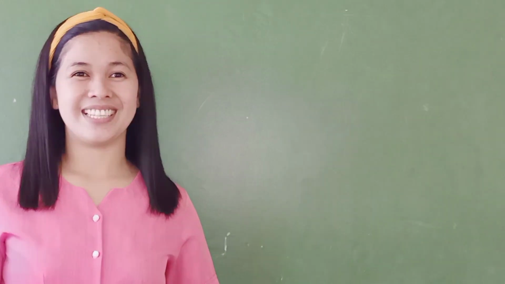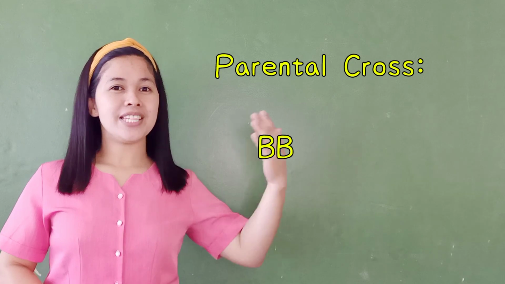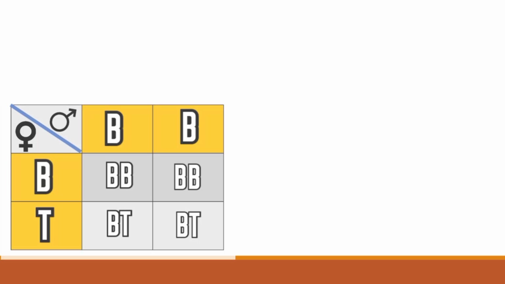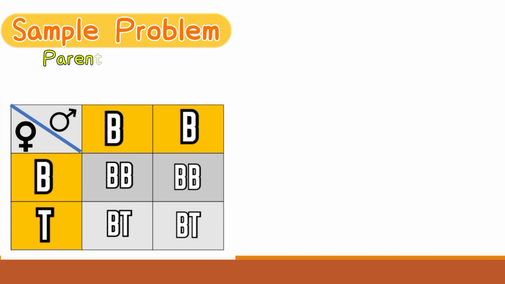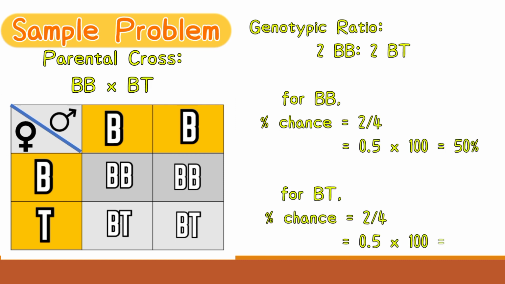Let's go over the correct answers. This is the parental cross. Here is the Punnett square. Here are the possible genotypes and their corresponding phenotypes. To answer the problem, we solve for the percent chance.